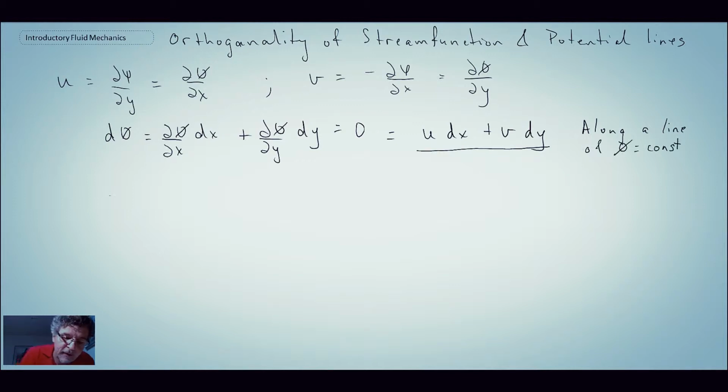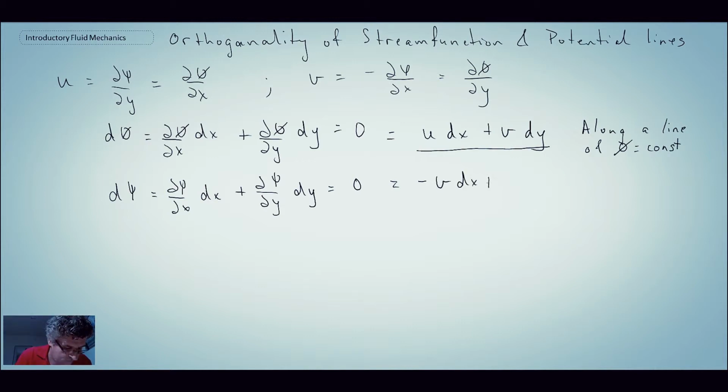And similarly for the stream function, we have a total derivative, again, that is equal to 0, subbing in the values. And so this equation holds along a line of stream function, or psi, equals constant.